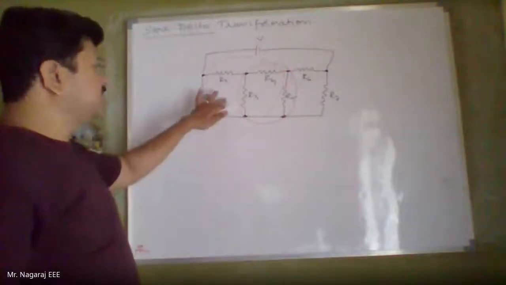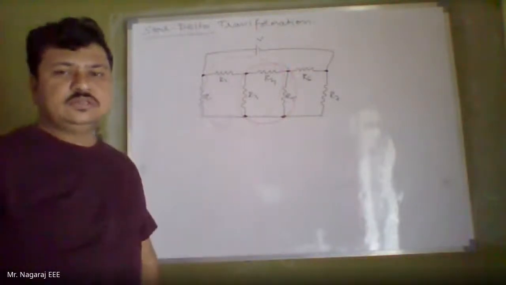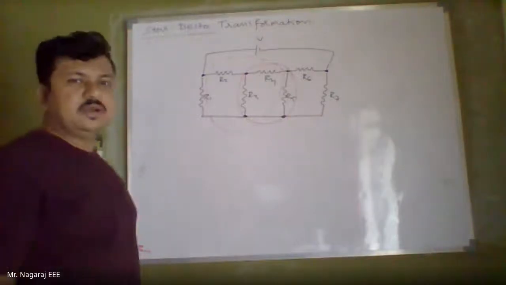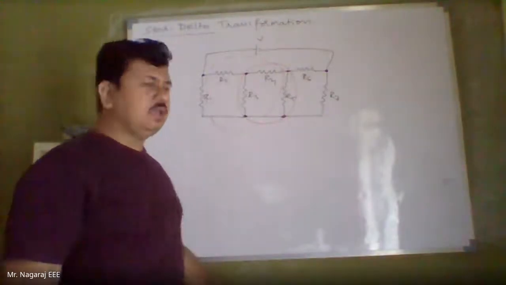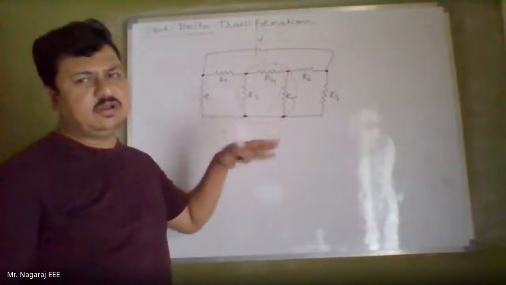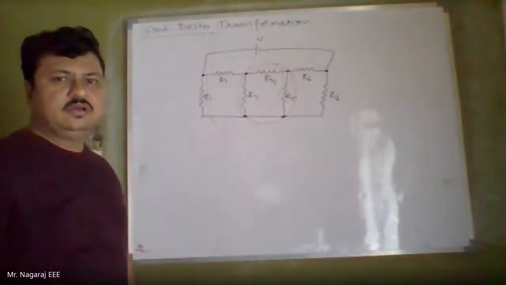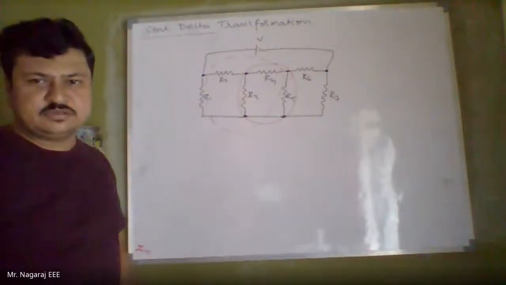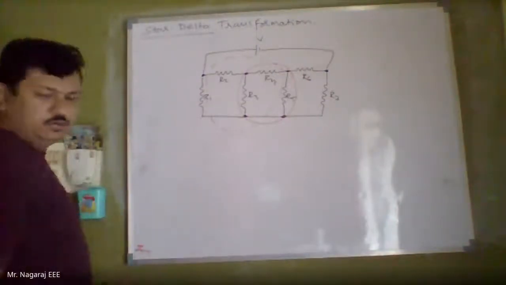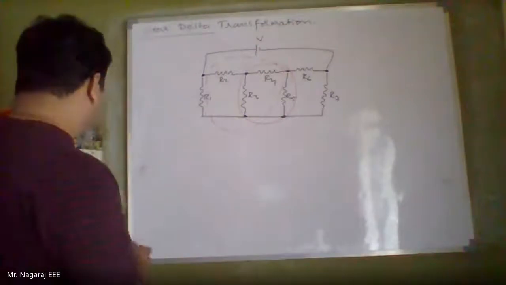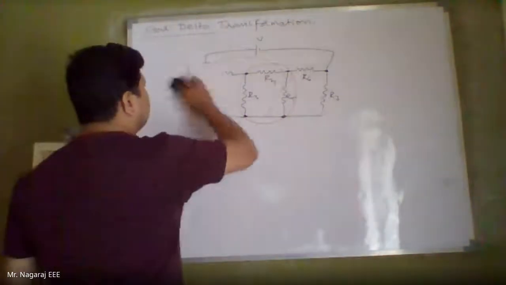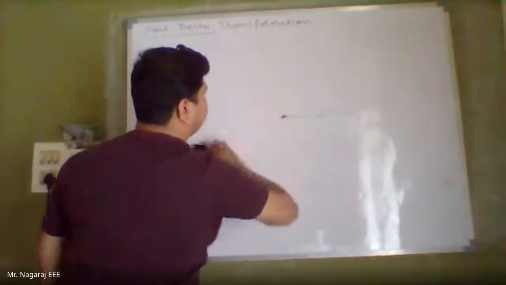So for this reason, I need to do certain transformations so that the analysis becomes simple and finding equivalent resistance, or impedance in case of AC, will be easy. So that is the reason why I go for star delta transformation. We'll look into how exactly star delta transformation is obtained and how it is applied in the examples.